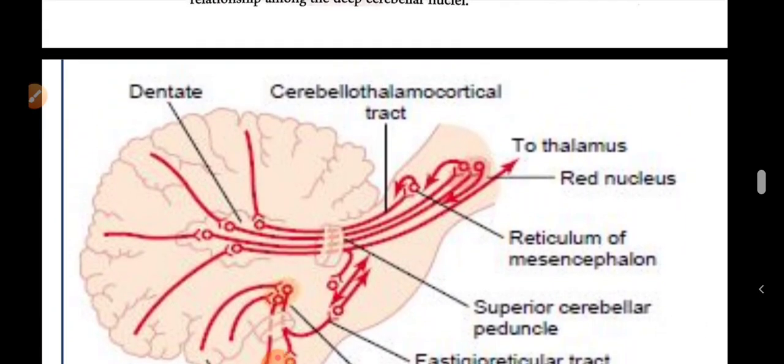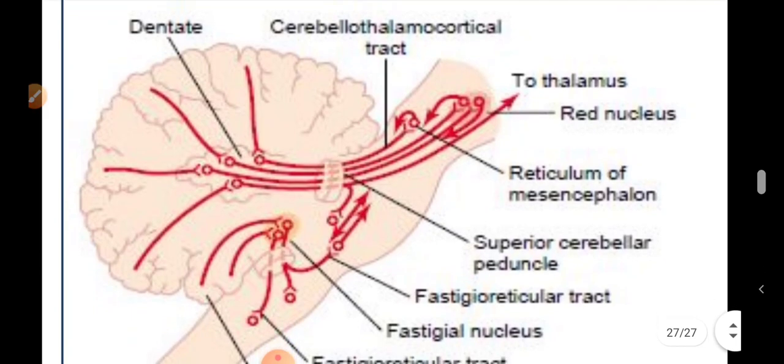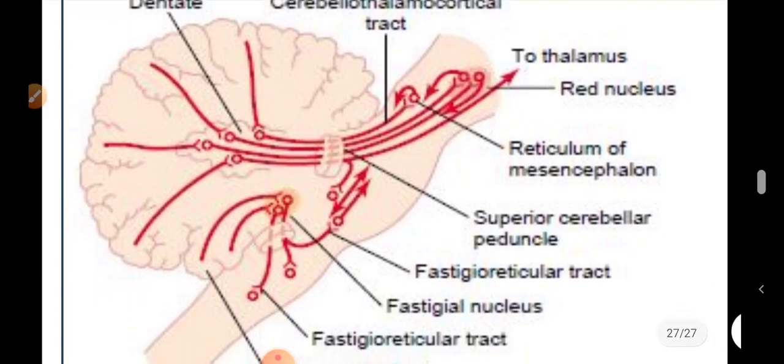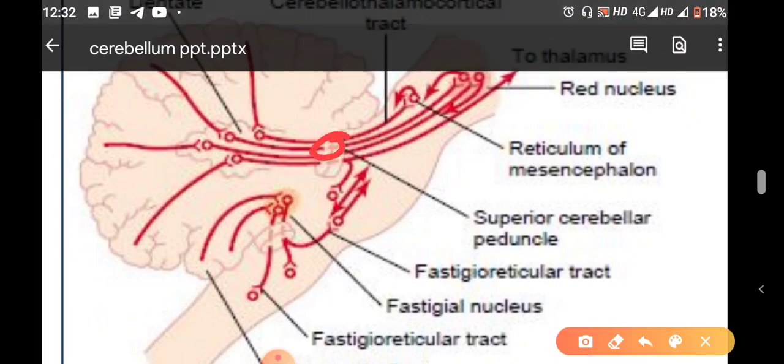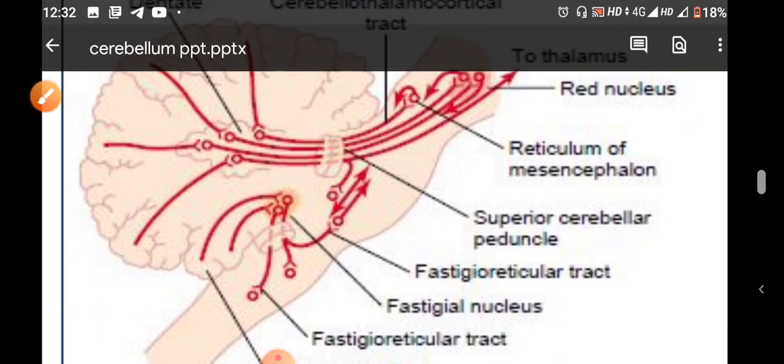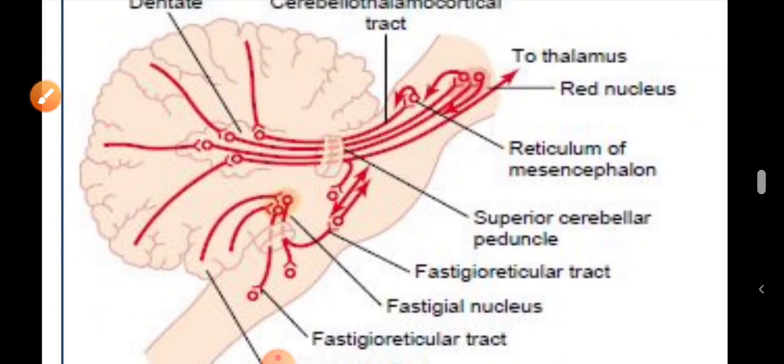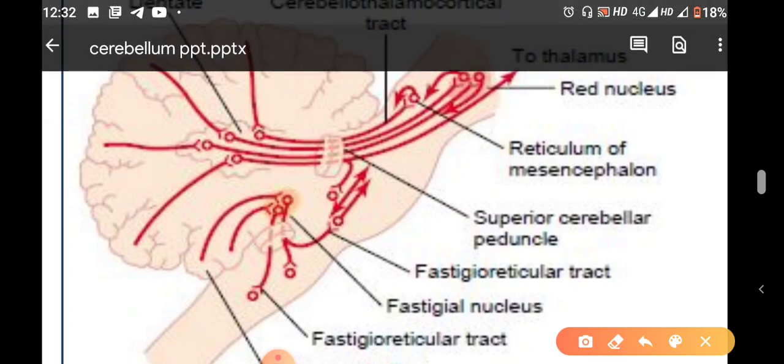Here these are the efferents that are going via the superior cerebellar peduncle to the different parts. You can see the efferents via the superior cerebellar peduncle. The fibers are going to the red nucleus, the thalamus, the cortex and the reticular formation.